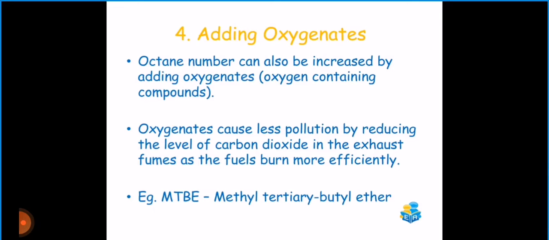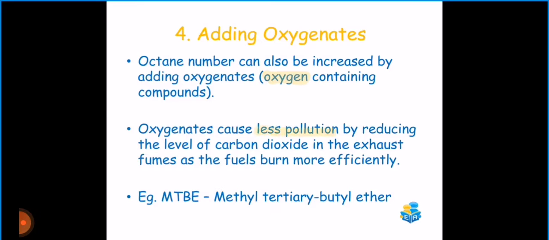The last thing to do then could be to add oxygenates, and oxygenates is the name used by petroleum chemists to refer to any fuel containing oxygen in its molecules. So octane number is increased using the oxygenates, and they contain oxygen, as it says in the name.